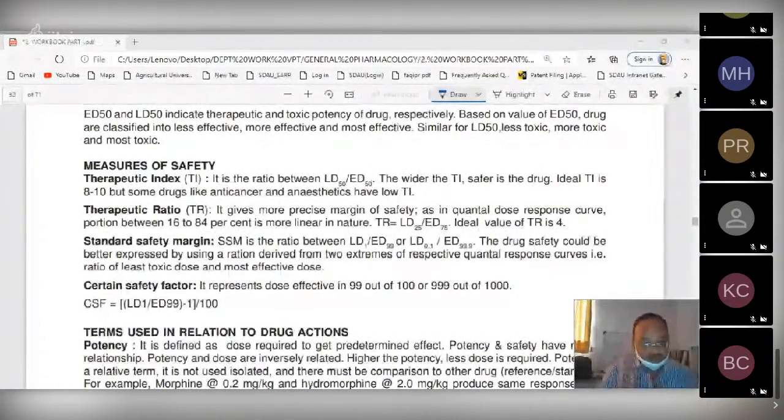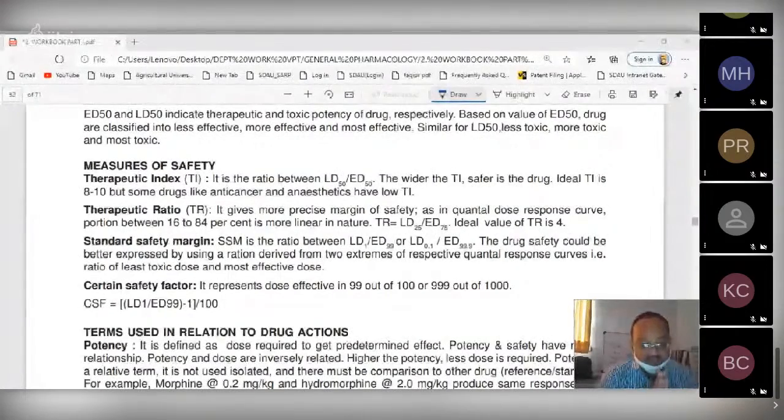Similarly, if you look at drug A, which has a therapeutic index value of 10, that means LD50 divided by ED50 is 10. LD50 is equal to 10 times ED50. That means if you give 10 times the therapeutic dose, the chance of mortality in the patient is 50%.